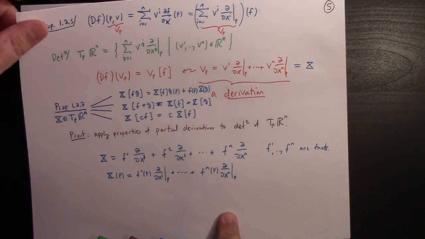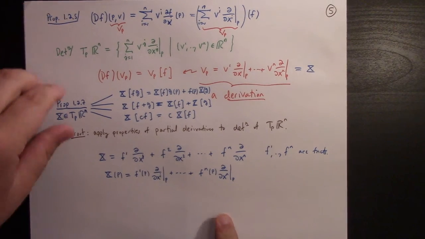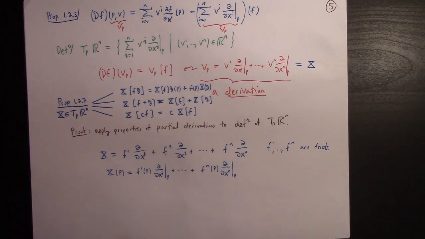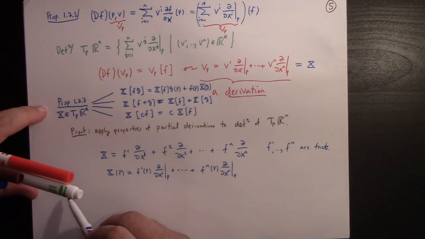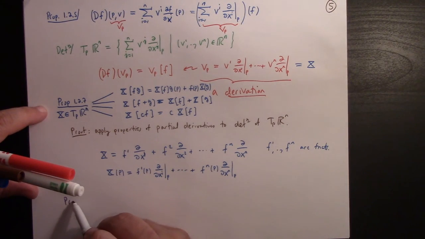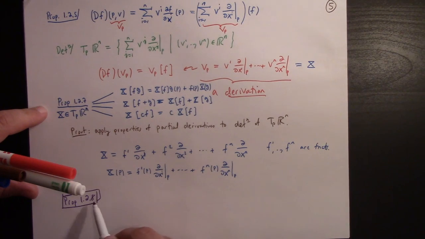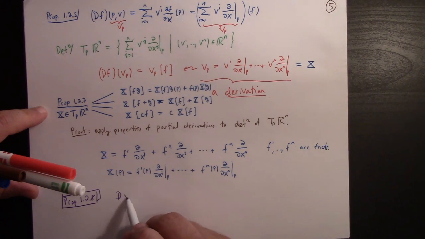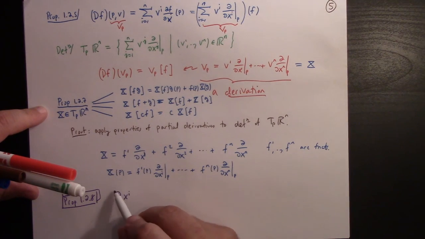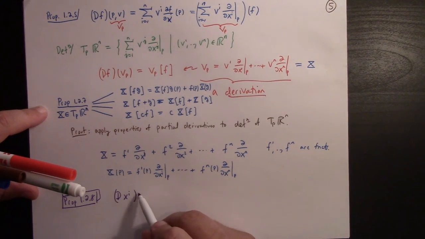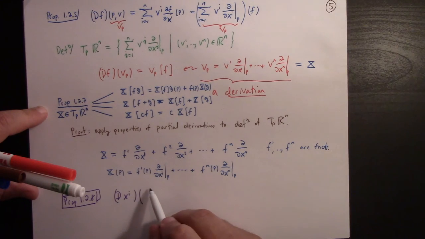So if we go back to our, now we have this lovely definition of tangent vector, right? And so as an application of this, we can calculate the directional derivative. What's the directional derivative on the ith coordinate function, let's say, in the direction of the jth coordinate function at p?